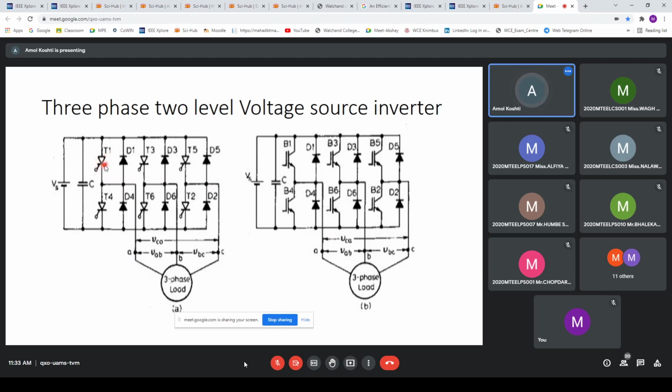But instead of SCR, we can use transistors, IGBTs, or MOSFETs here. Any switch we can use, depending on the rating and our requirement at the output side, because every switch has its own pros and cons. So based on our requirement, we have to choose.